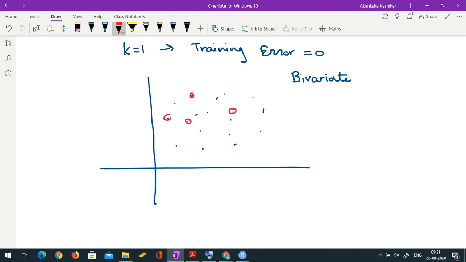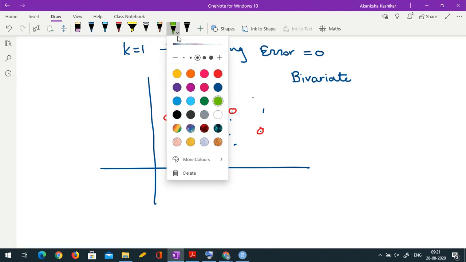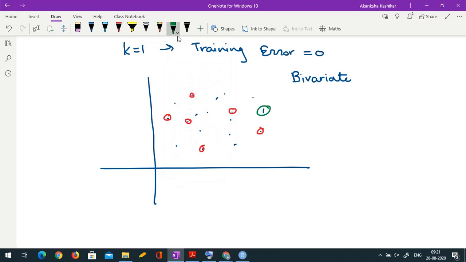The red things are from class 1 and the green things are from class 2. Okay, so these are observations from class 2, these are observations from class 1.